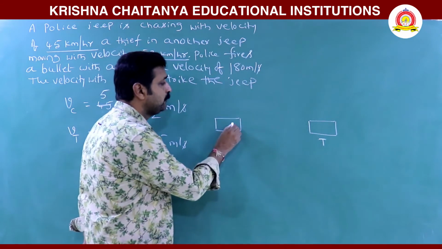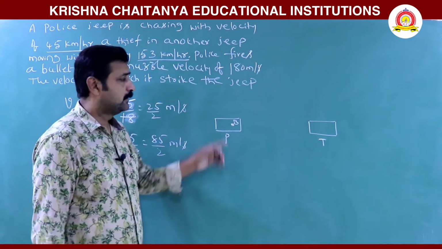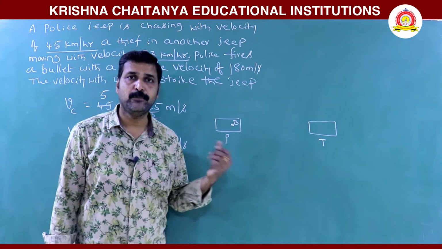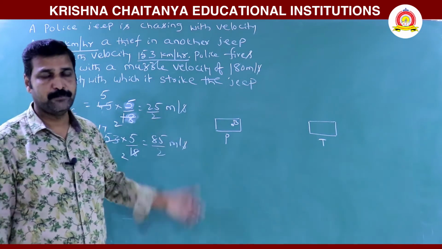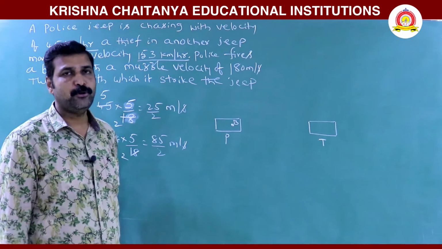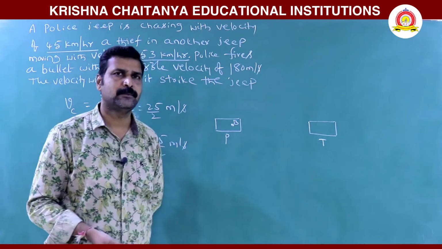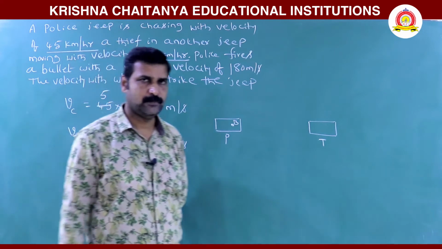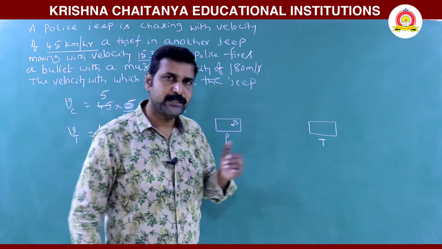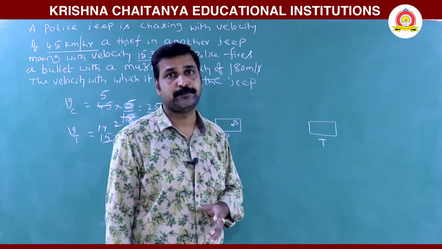Now when the bullet is fired from this police jeep, since the gun and bullet are both in the police jeep, they already have the velocity of the police jeep. Simple example: if we are traveling in a bus and the bus is moving with some 60 km per hour, then our body also attains the same speed.